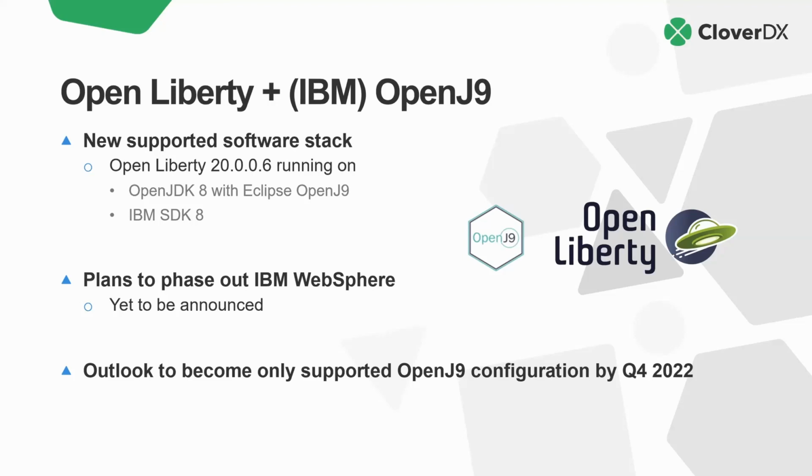You can use either OpenJDK 8 with Eclipse OpenJ9, which is an open source Java, or you can use licensed IBM SDK 8, which is essentially the same thing, just commercial with commercial support from IBM. So that's a new addition.